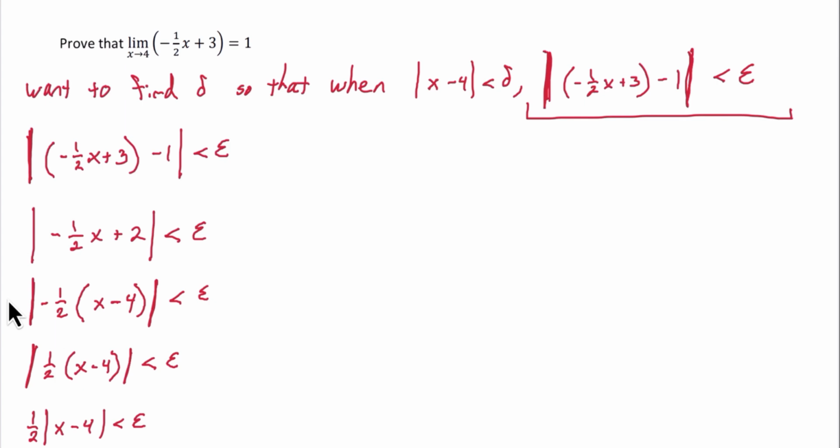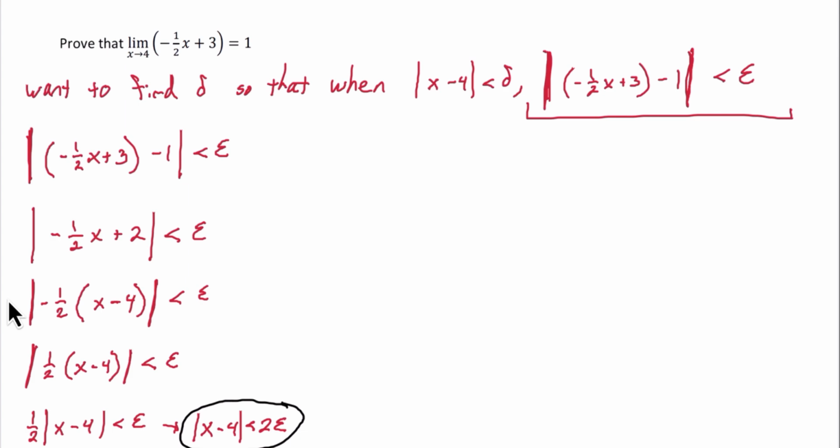And from here, we can multiply by 2 on both sides. That's going to give us that the absolute value of x minus 4 is less than 2 times epsilon. Now remember, that's what we want to use to help us with delta.